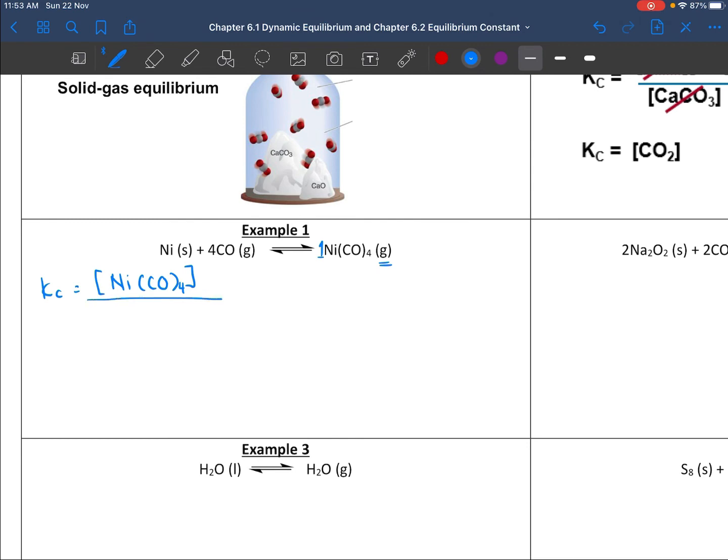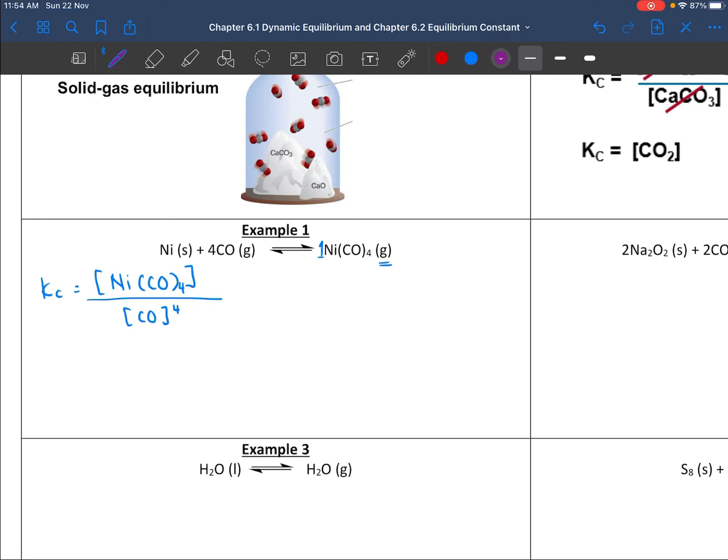Okay, so untuk yang nickel solid ni, ini tak perlu ambil lah. Tak perlu ambil sebab ini solid. Pure solid tak perlu ambil. Kita ambil gas dan aqueous saja. So, 4CO yang kita ambil. So, CO to the power of 4. Okay, so itu Kc untuk equation ni lah.